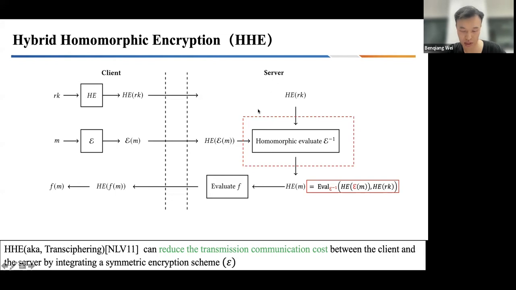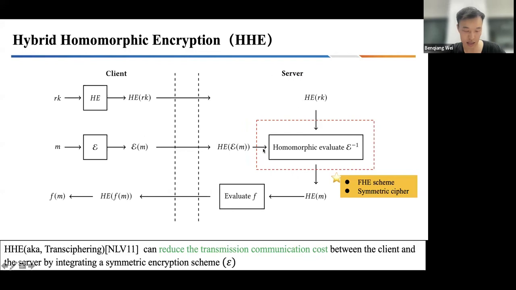What the server needs to do is to convert the symmetric ciphertext to homomorphic ciphertext by evaluating the decryption function of the symmetric encryption scheme homomorphically. In this way, the ciphertext expansion can be reduced to only one because we use the symmetric encryption scheme rather than an FHE scheme.